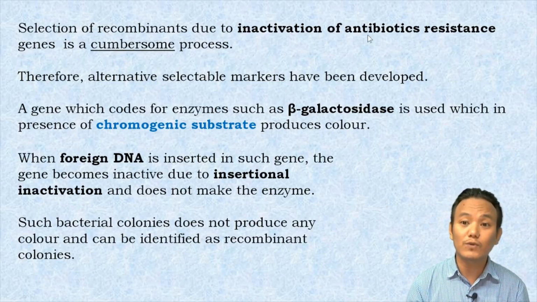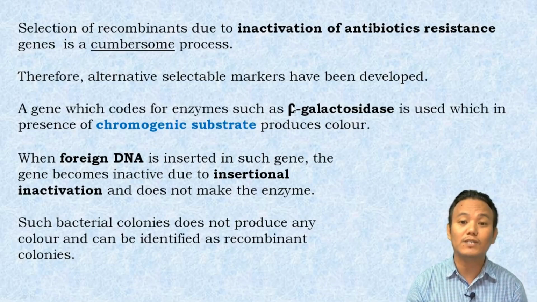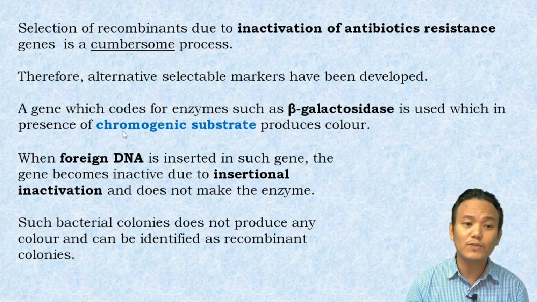So instead of using antibiotic resistance genes as selectable markers, they used different genes, which code for enzymes such as beta-galactosidase. And these enzymes, in the presence of a chromogenic substrate, produce a colored reaction. And this property is used for identification of recombinants from non-recombinants. How did they do that?